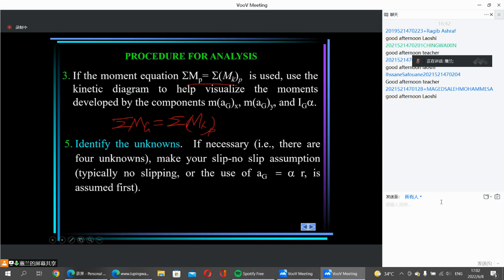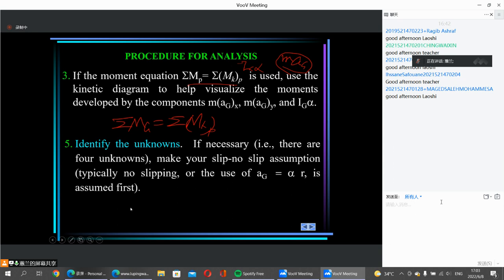When you calculate the moment about any point for the KD, never forget that except for IG alpha, the kinetic force also produces moment about this point. Okay, so that's why even for a rigid body which is translating, sometimes we can still write down a moment equation to simplify the calculations, right? After you have the three equations, we can identify the unknowns.